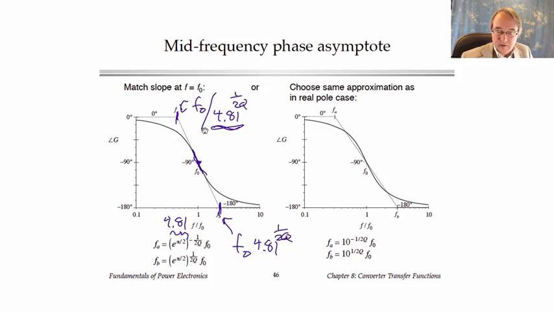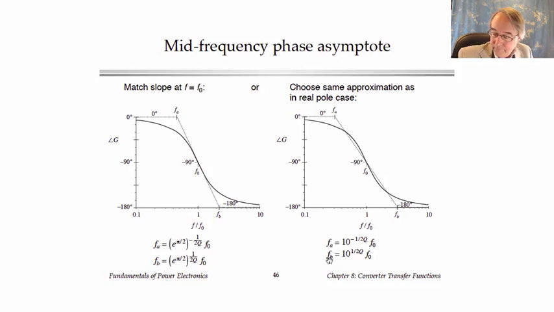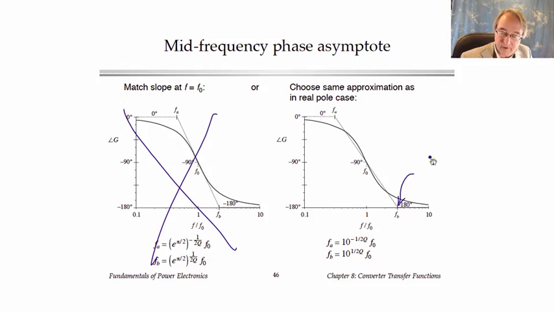And so what we're going to do is shown here. We're not going to quite do this. We're going to use the approach shown here, where this break frequency right there is 10 to the 1 over 2Q power times f0, and this one is at f0 divided by 10 to the 1 over 2Q power.